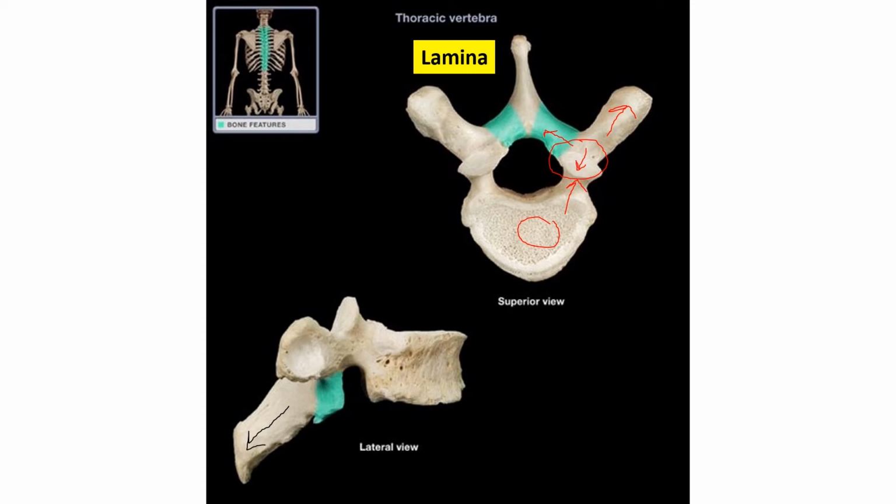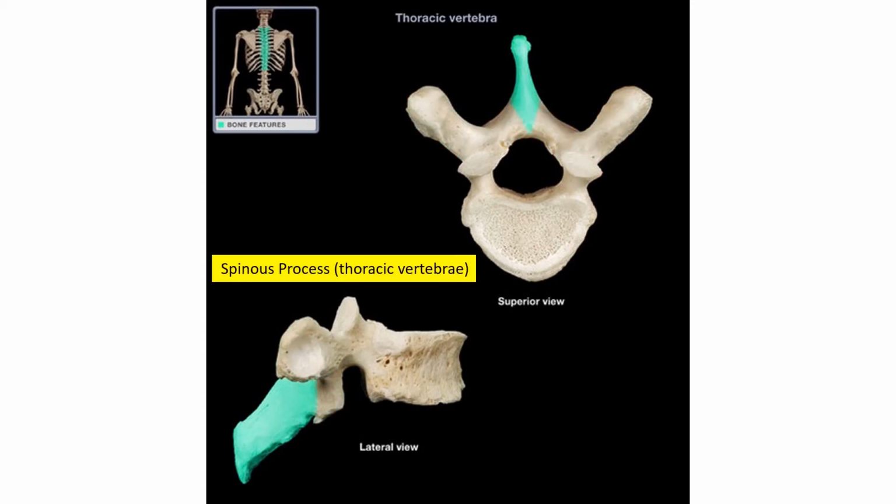This is the transverse process, and this is an articulating process with a facet, so that it articulates with the vertebra above or the vertebra below. This is the characteristic feature of thoracic vertebra, which is the green structure, the spinous process pointing downward.